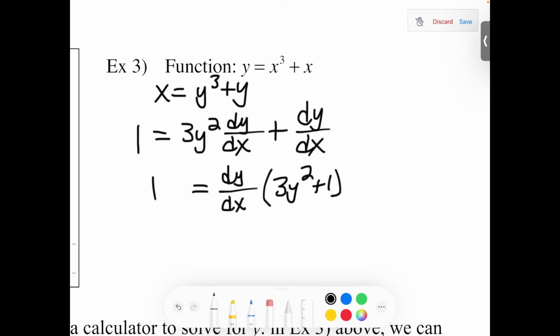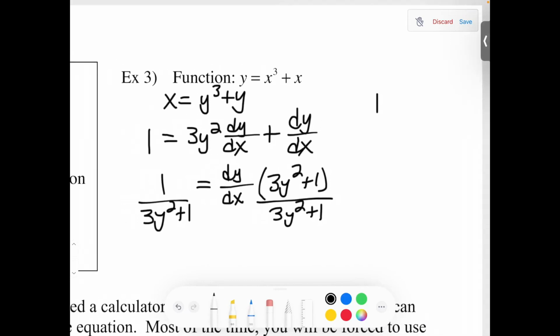That's equal to 1. And then we can divide by 3y squared plus 1. So we get dy/dx is equal to 1 over 3y squared plus 1.